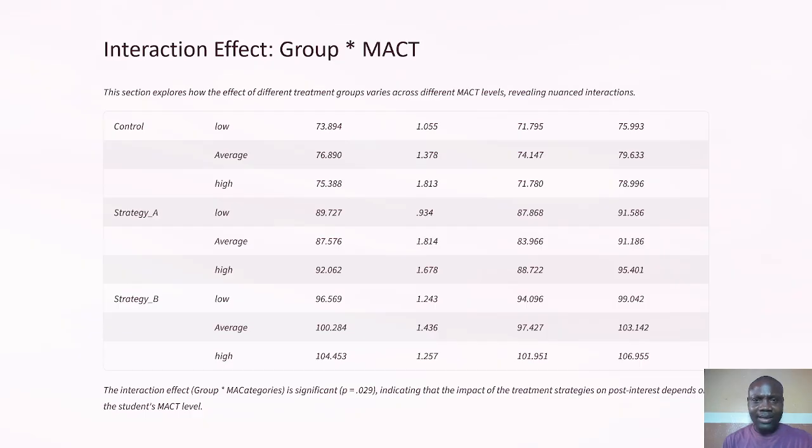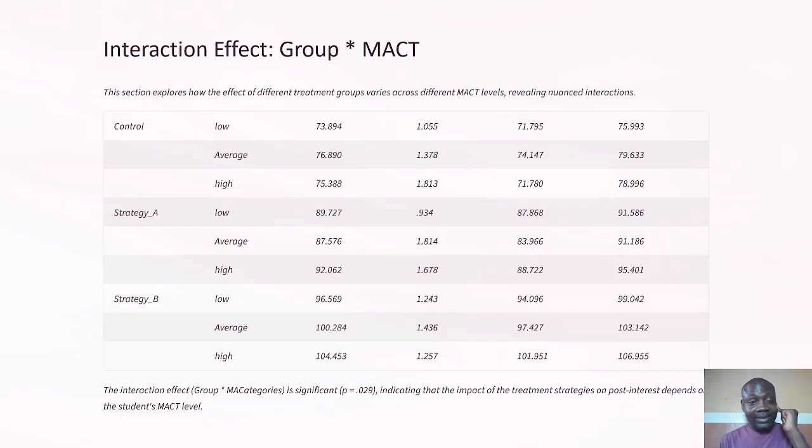Yeah, look at this, this is the interaction effects. You see, I said it, when there is a significant interaction effect, your contribution to knowledge, your thesis is even more in the interaction than it is in the main effects.